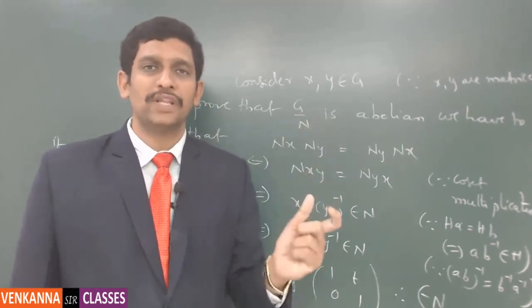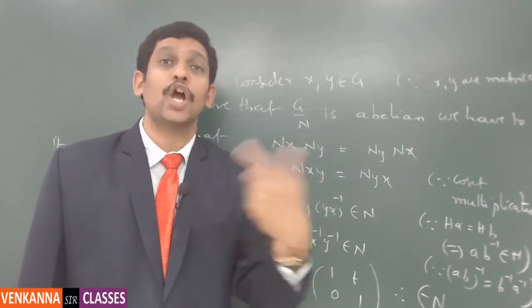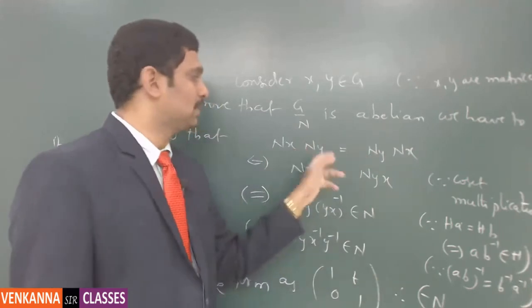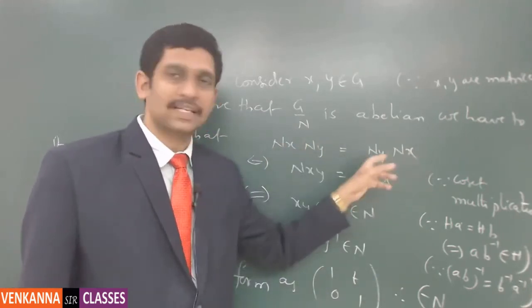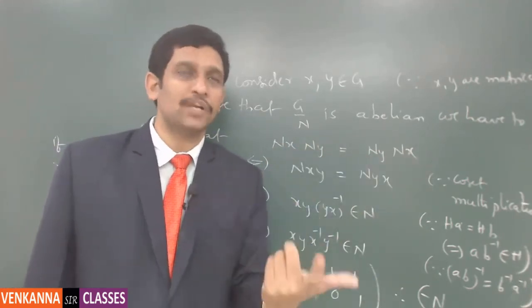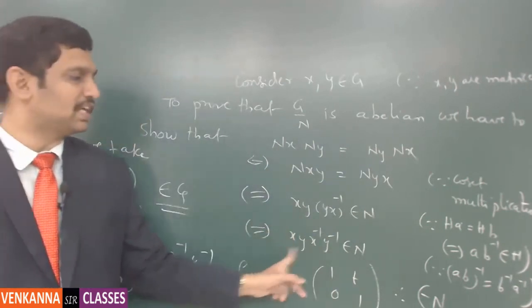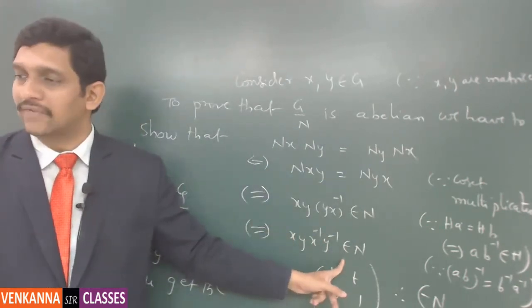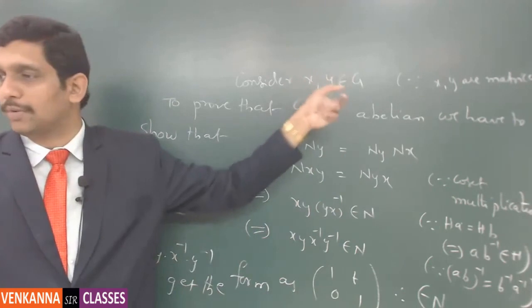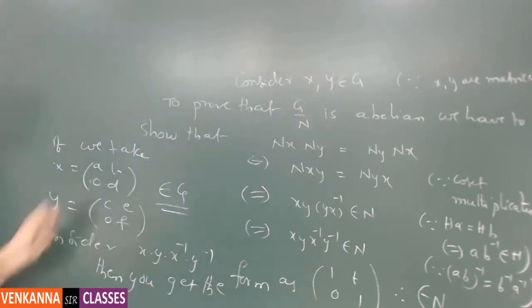You need to verify that cosets commute with each other, so Nx Ny is equal to Ny Nx. It is equivalent to proving that this condition belongs to N when you take two values in the group. So this is satisfied here.